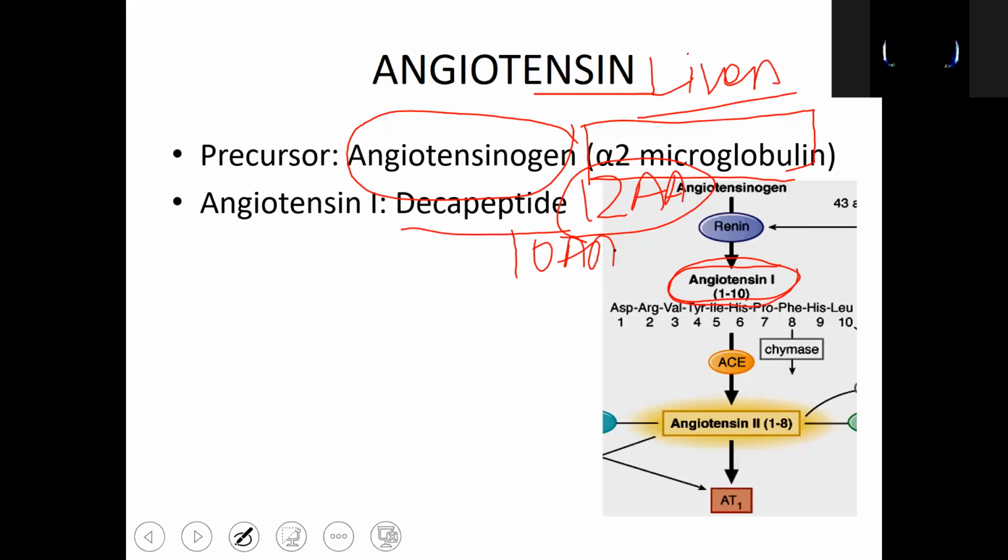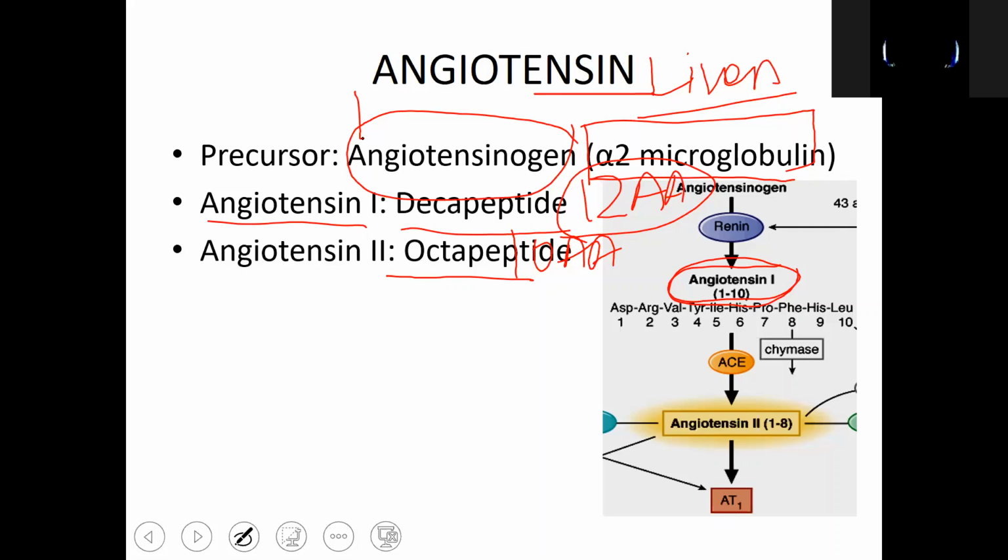Another enzyme that comes into play is the angiotensin converting enzyme. In short, it is called ACE, and ACE converts this angiotensin 1 to angiotensin 2 by splitting two more amino acids. So angiotensin 2 is an octapeptide, whereas angiotensin 1 is a decapeptide, and angiotensinogen is a 12 amino acid component.